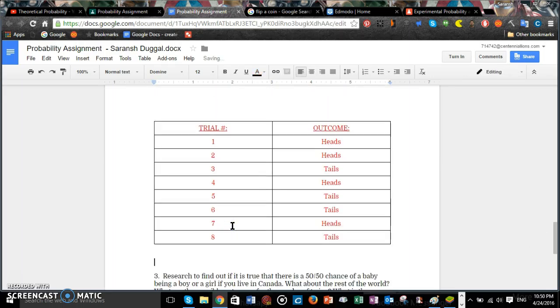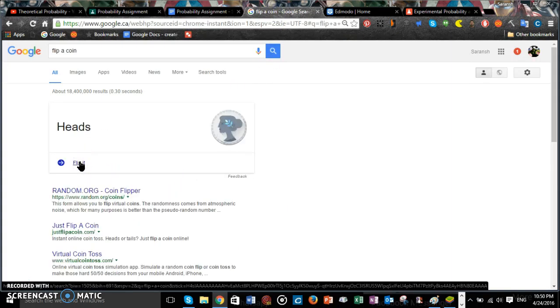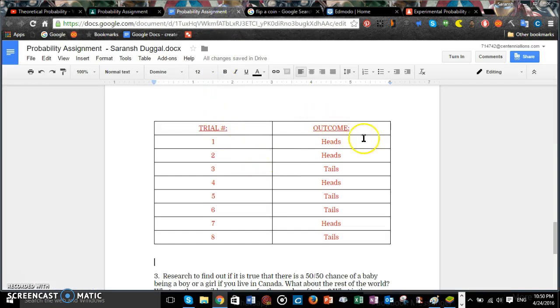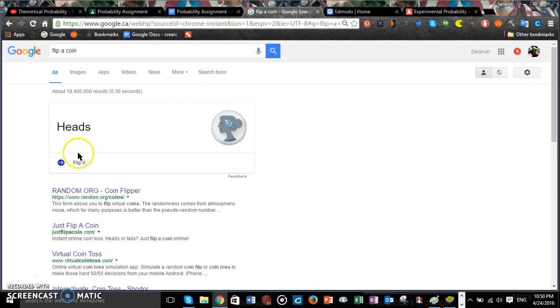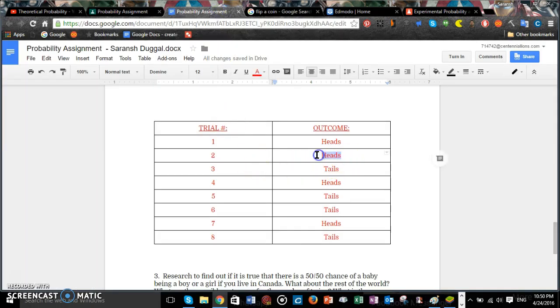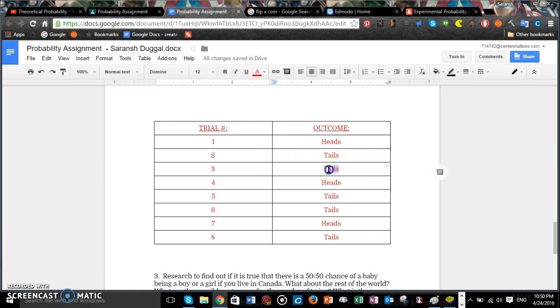So we'll do this experiment one last time to take away any coincidental things. So now let's flip it. We got heads first, so that's fine. Second trial, tails, so we'll have to change this. Third one, heads, so we'll have to change that.